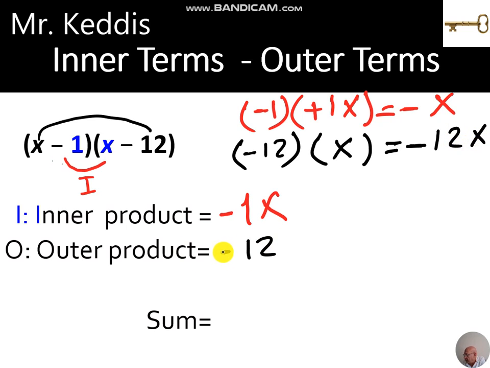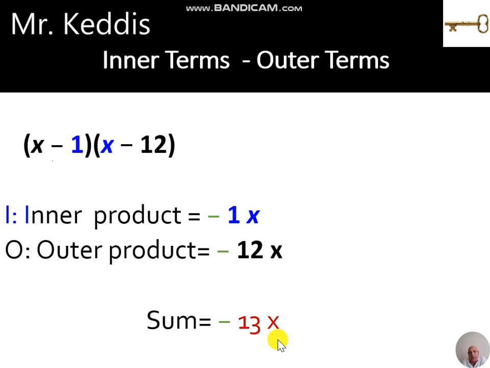Negative 12x. In addition, when I have the same sign, the sign stays negative. I lost $1 and I lost 12, it means I lost 13. I add them. When I have the same sign, I add them. Please pause and take notes.